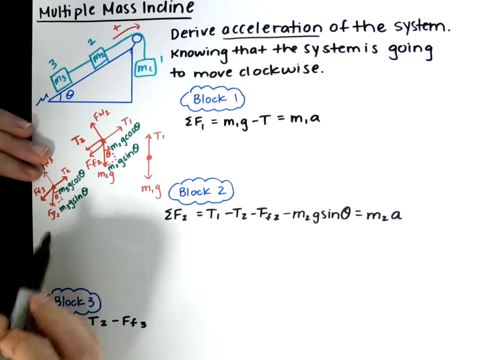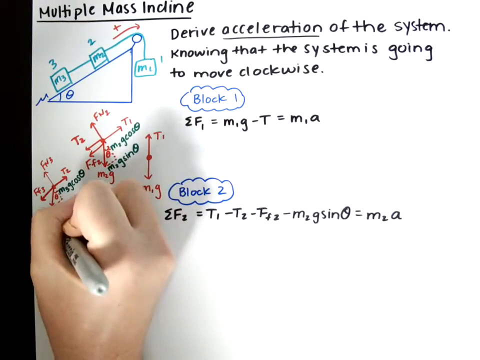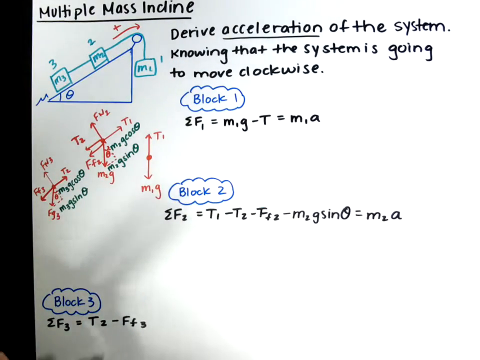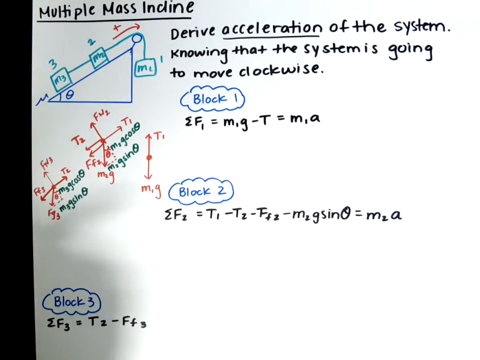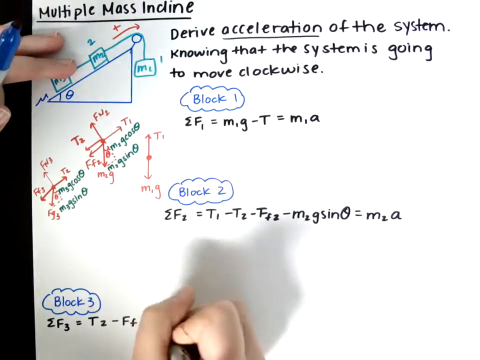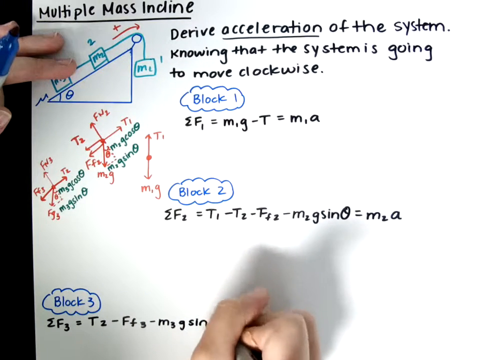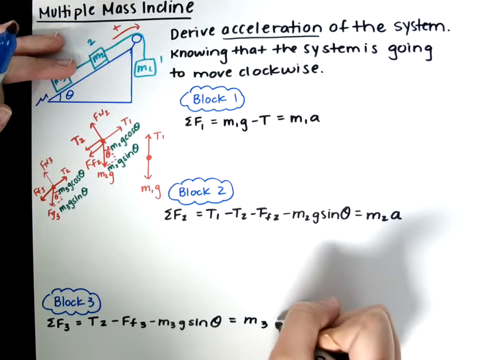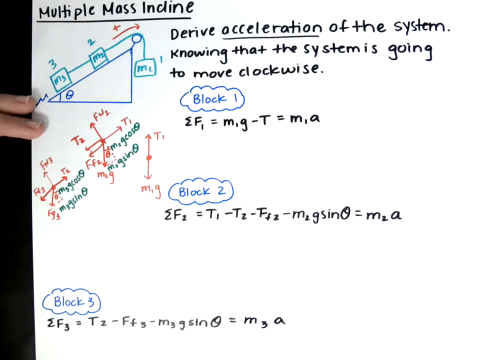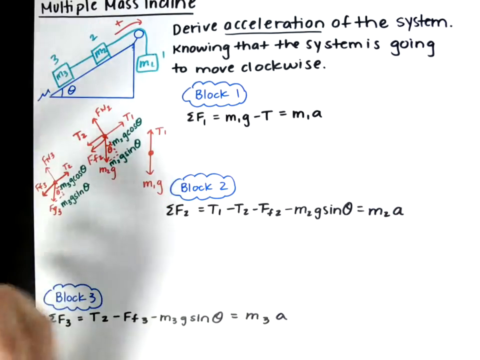And, oops, I called that force of gravity 2, that's actually 3. And then we have the force due to gravity. The X component is pulling down the ramp also, so minus M3G sine theta is equal to M3A.